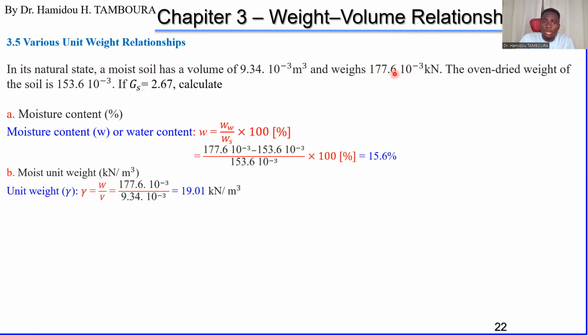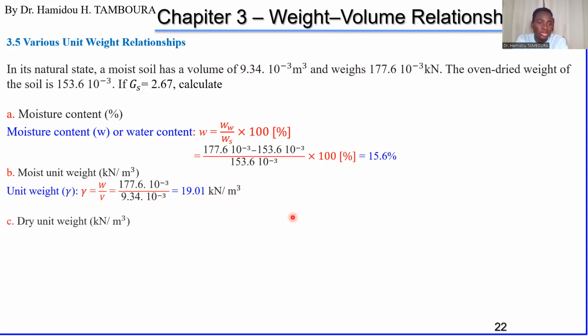So we have both the volume and the weight of the moist soil. In this case, it's very simple. You don't need to think too much. Just take the weight of the wet soil, divide by the volume of the wet soil. That's all, and you get the unit weight of the wet soil, which is 19.01 kilonewton per cubic meter. Okay, so that is the second question.